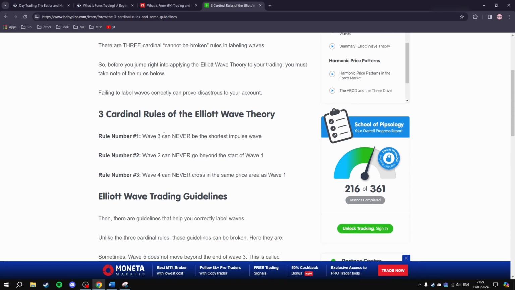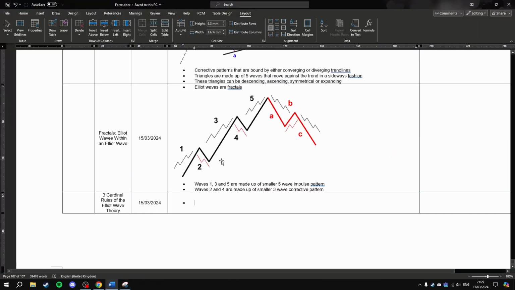Rule number 1, wave 3 can never be the shortest impulse wave.